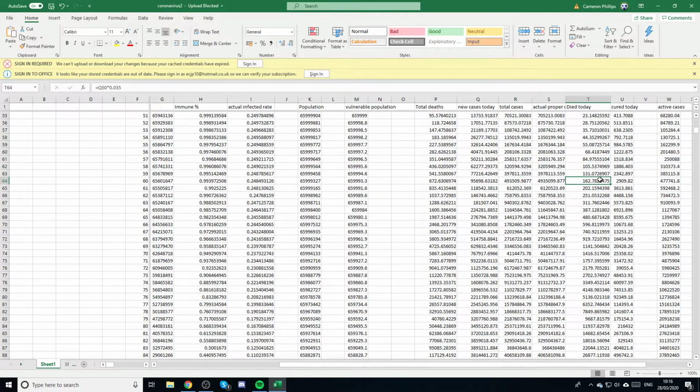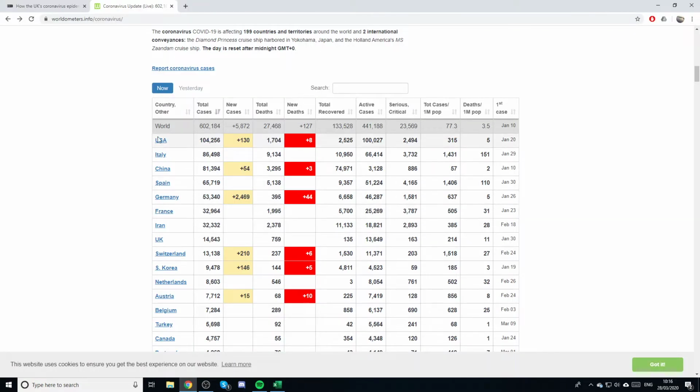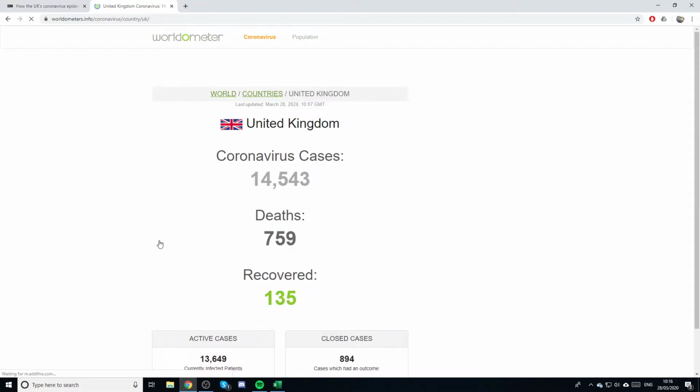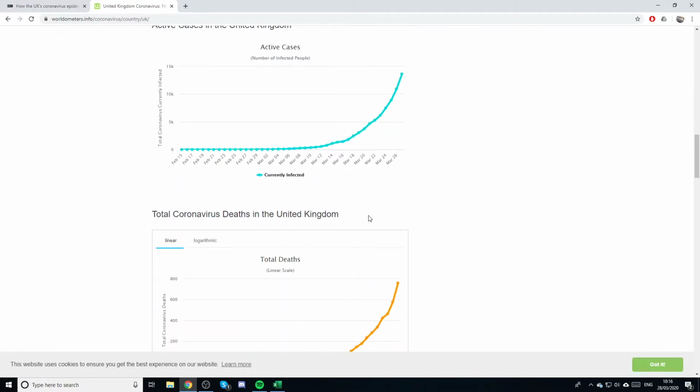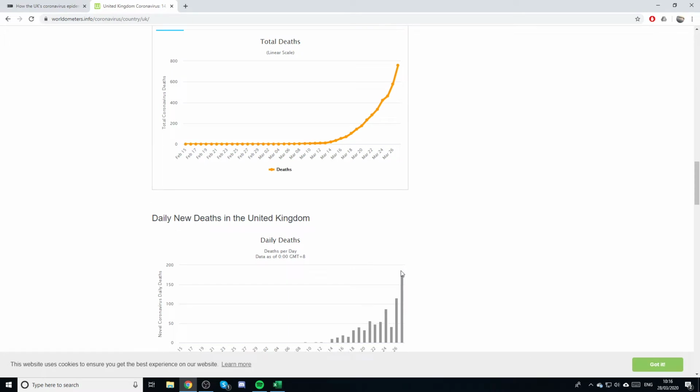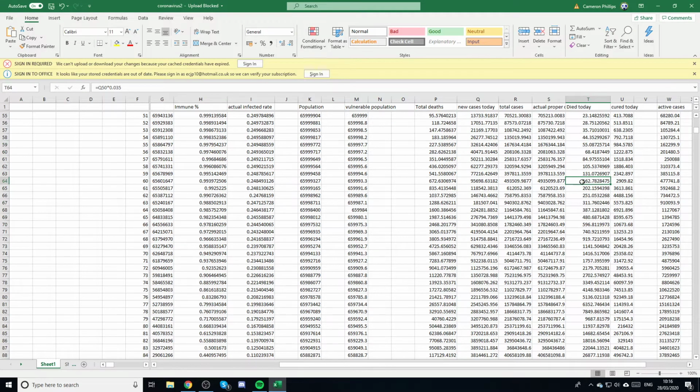500,000 people have possibly already got this. My model says 162 people possibly died today. Let's look at the figures in the UK. Daily deaths, 181. There we go, it's not far off, is it? But it would suggest the total cases would be about 500,000.